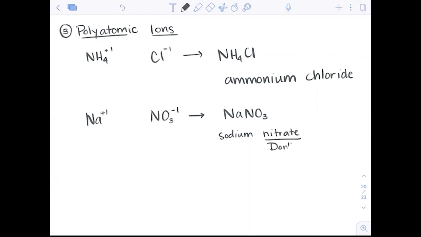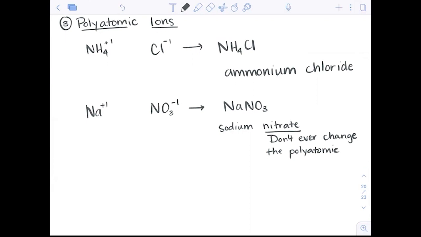So don't ever change the name of a polyatomic in an ionic compound. We will see that we can change the name of a polyatomic when it is in an acid, but not for an ionic compound.